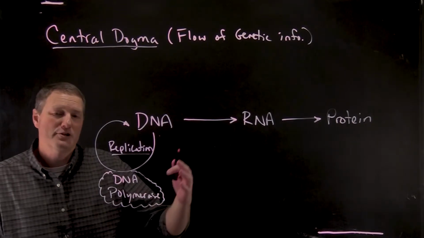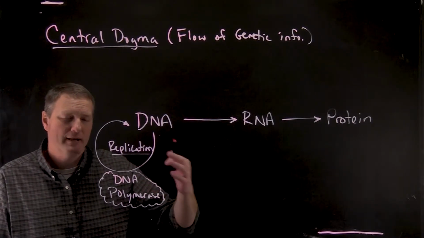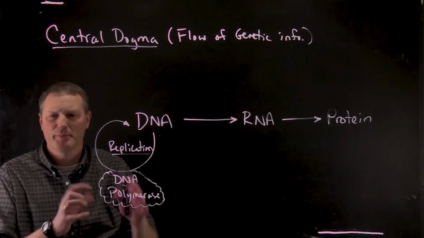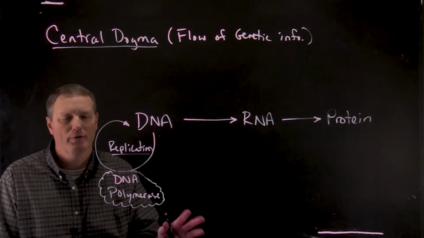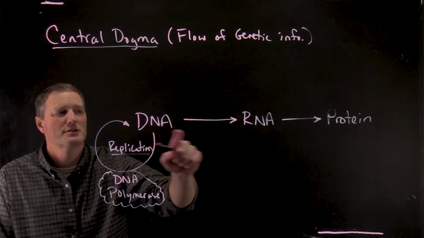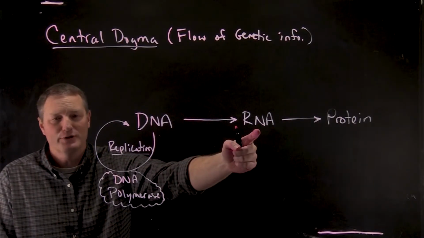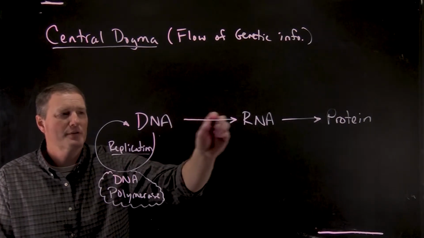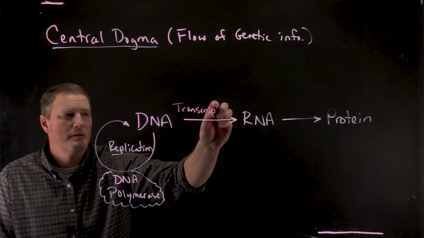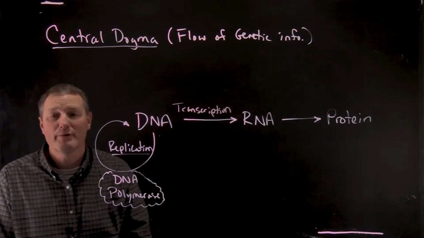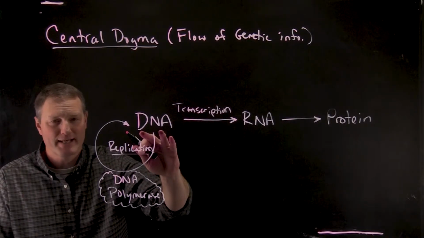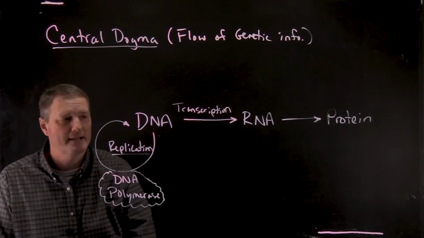However, in order for information to be transmitted ultimately to proteins, which are going to be the molecular machines that do all of the work of the cell, the information in the DNA is first transcribed into RNA. So we're going to put over this arrow transcription, which literally means to rewrite the message that's in DNA nucleotides, or deoxynucleotides, into ribonucleotides.